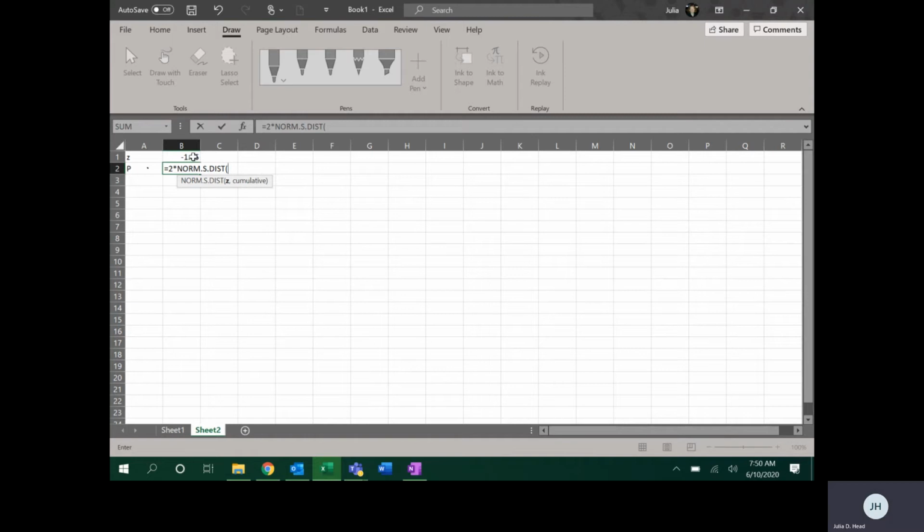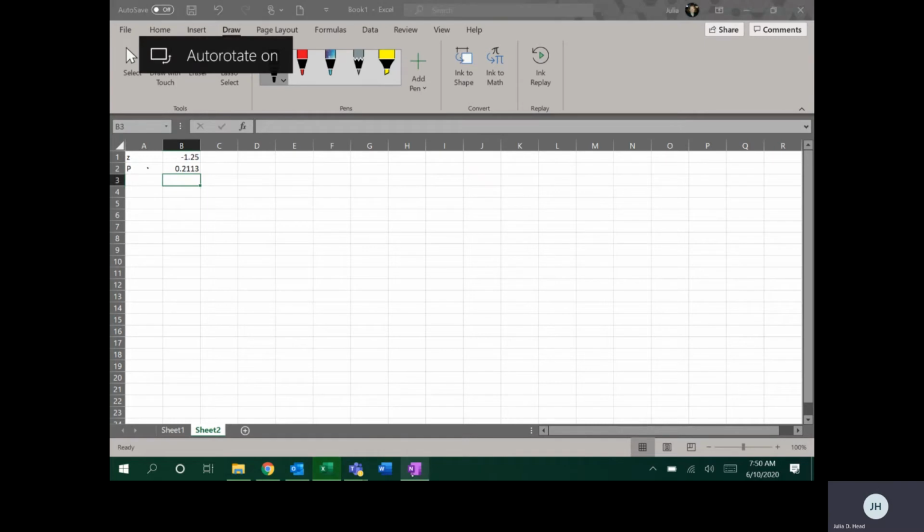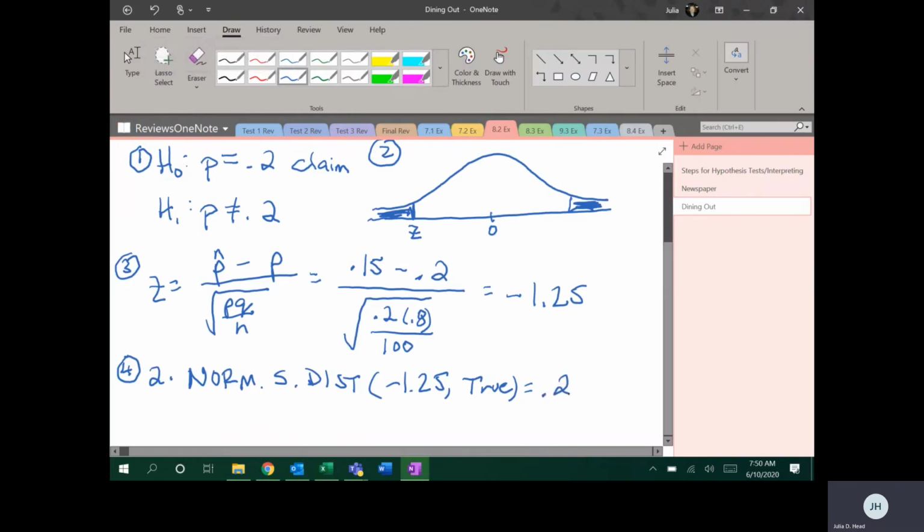And even though we have a nice number, it doesn't hurt to cell reference it, because again, that doesn't happen very often. So 0.2113 for my p-value.